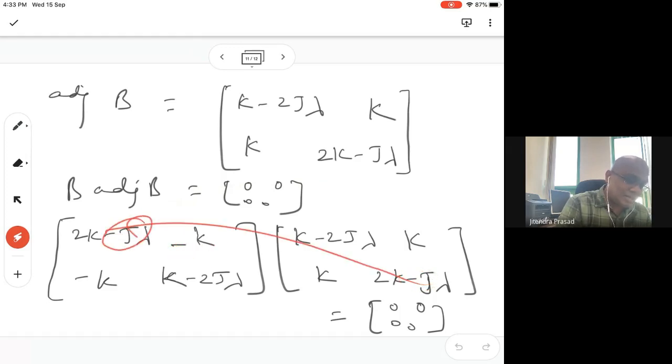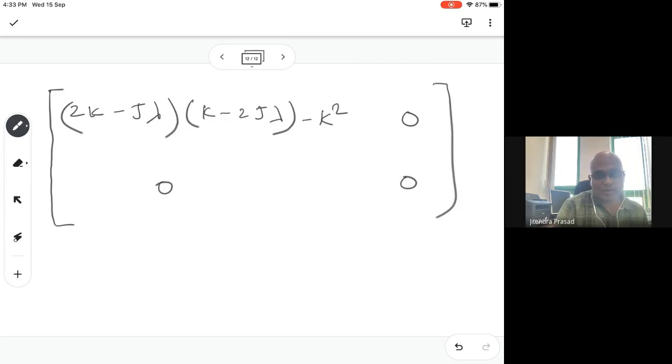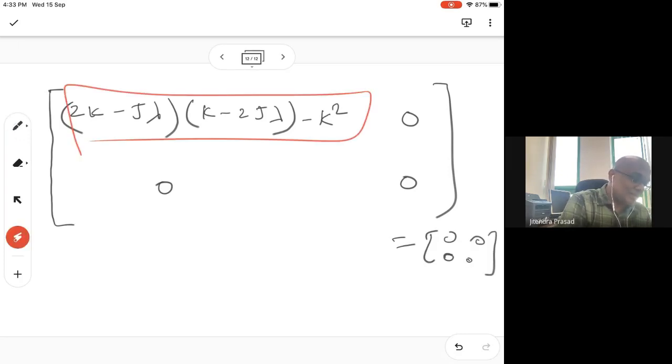These two are the same, so this will be 0. Automatically it will be 0. So you can see that all the other values you can find are 0. You can see for yourself that you will get this equal to 0. And then that really means it has to be 0, 0, 0, 0. And that tells you that this has to be equal to 0.